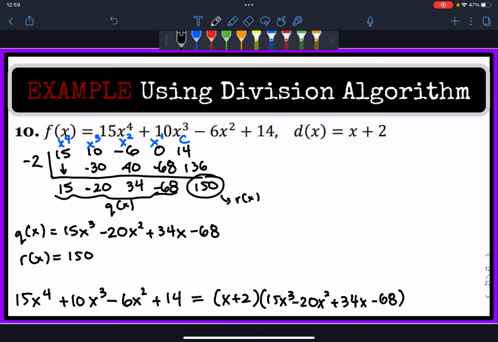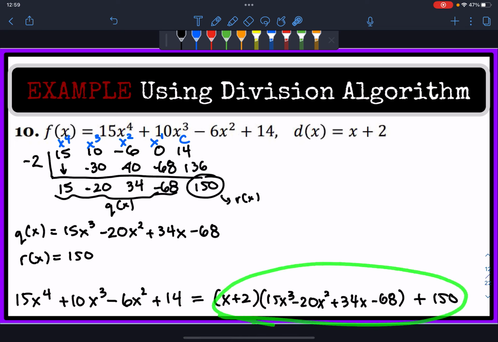So multiplying those two together and adding the remainder of 150 is going to give me this polynomial there. So this is the setup of my division algorithm.